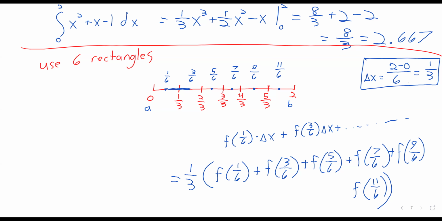so Wolfram Alpha sometimes does exactly what I want it to do, and sometimes I have to fight it. But like if f of x equals x squared plus x minus 1, find f of 1/6.